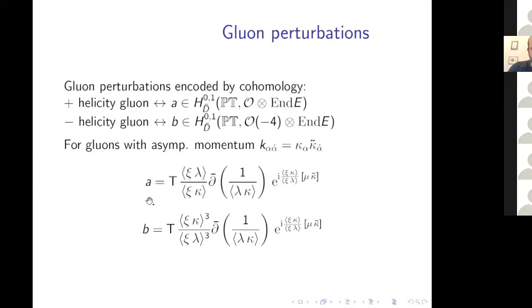Then we can be very explicit about what these gluon eigenstates look like on twistor space. It's not terribly important that you absorb what exactly all of this means, but I just want to convince you that this is not some esoteric exercise. We can be very explicit about what the gluon wave functions look like on twistor space.